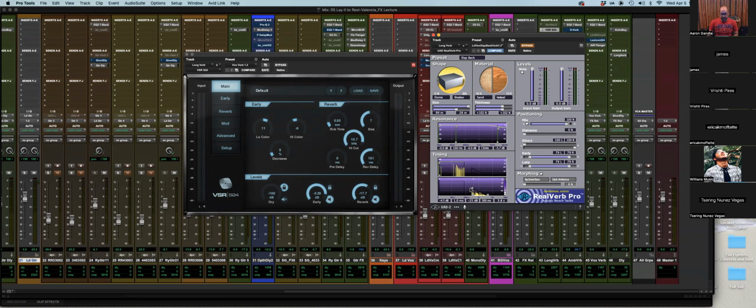Then what we have here, the pre-delay, is when you have the first big cluster of sound waves reflecting as a group. That pre-delay determines what distance from the space, right?